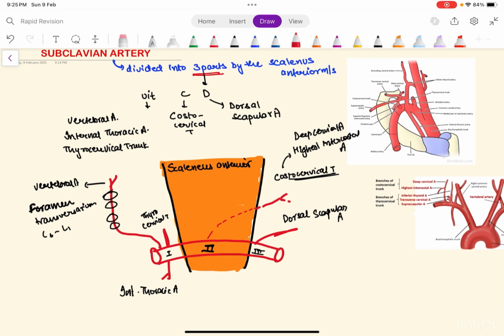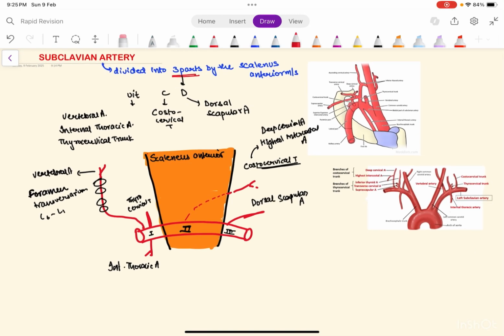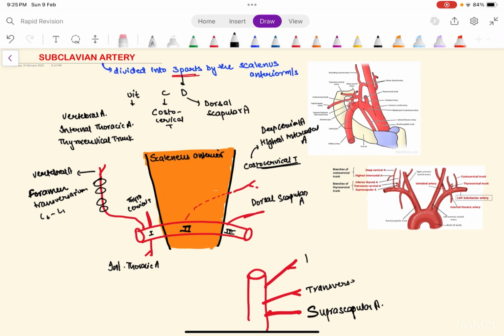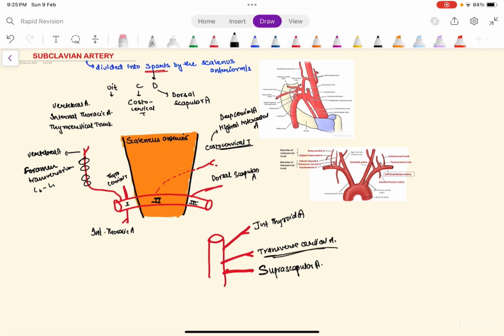Now I just want to talk about this thyrocervical trunk again. This is the thyrocervical trunk and you need to remember its branches. This is important. You can remember its branches by SIT. So from S we have the suprascapular artery, by T we have the transverse cervical artery, and by I we have the inferior thyroid artery.